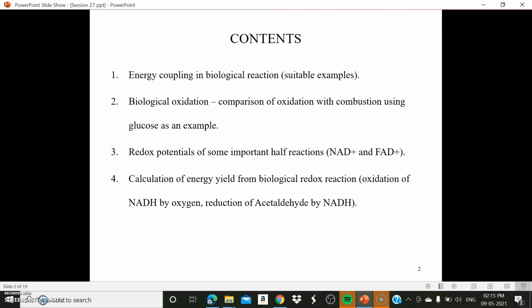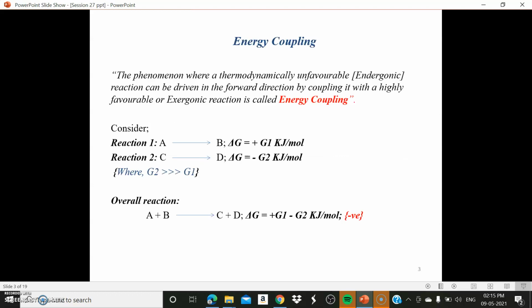Now, in the previous session, I told you what are spontaneous reactions and non-spontaneous reactions, or exergonic reactions and endergonic reactions. With a continuation of that, today we'll learn what is energy coupling in biological reactions. We have two types of reactions.